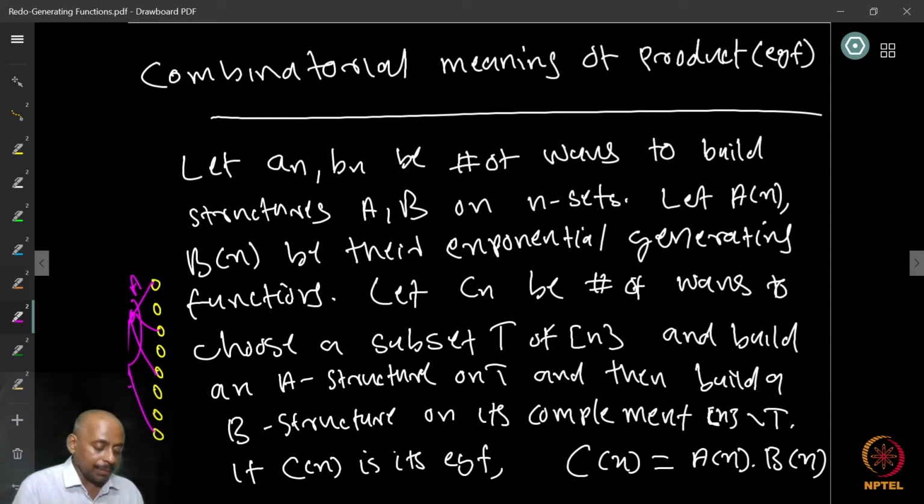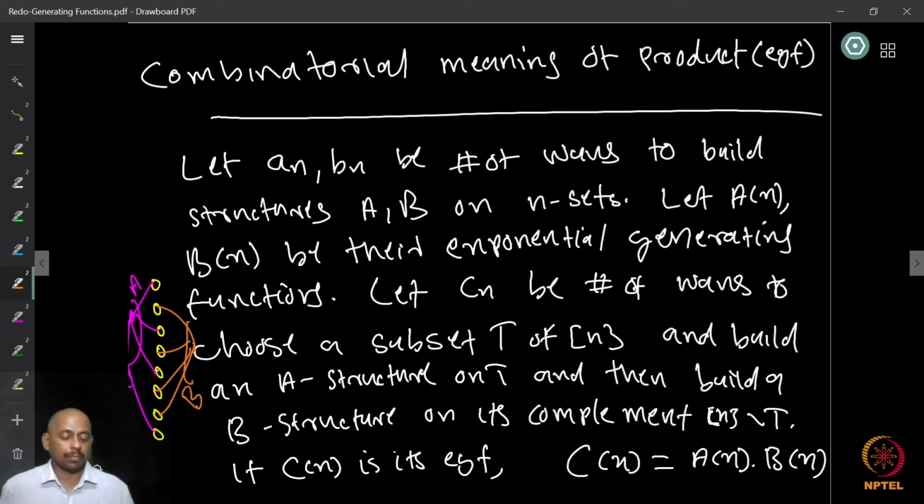Then I take the complement, and on the complement I'm going to put a type B structure. So given a set of n elements, I choose a subset T, put a structure of type A on the set, then take the complement, and on this set I put a type B structure.